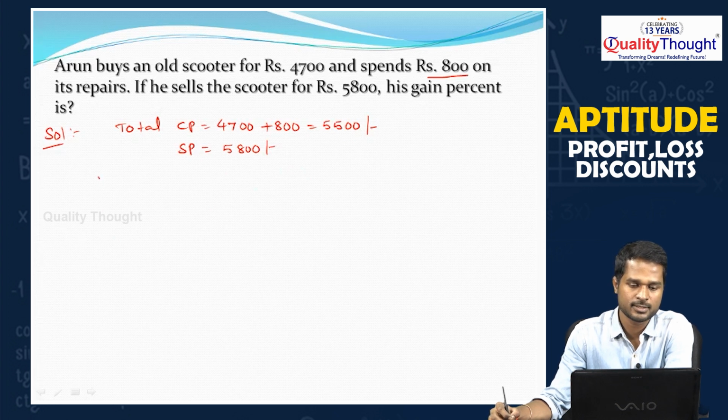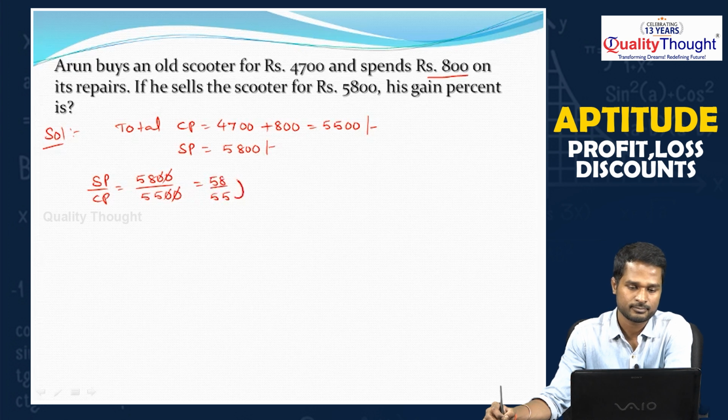The selling price by the cost price is equal to 5,800 by 5,500. 5,800 is the selling price, cancel these zeros, then 58 by 55. Now, see, from 55 to 58 it is increased by 3. Now, 3 is increased on the cost price. So, cost price is 55.